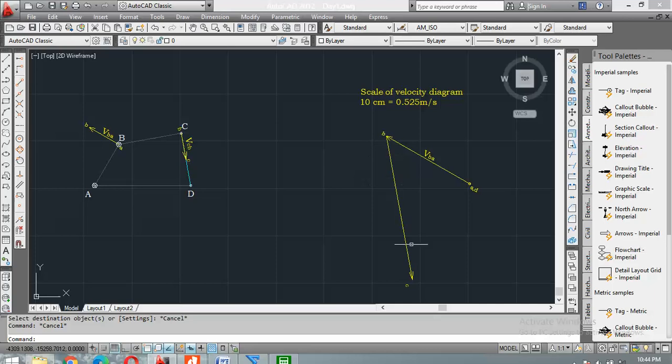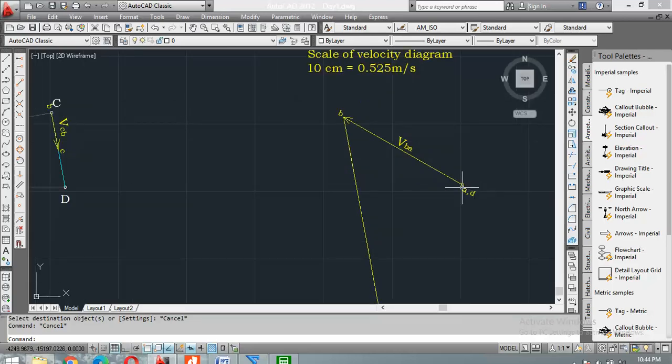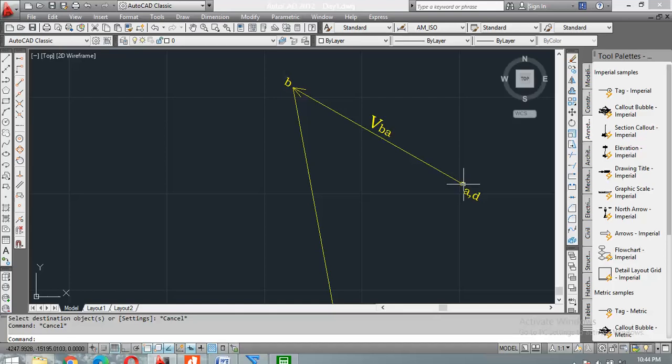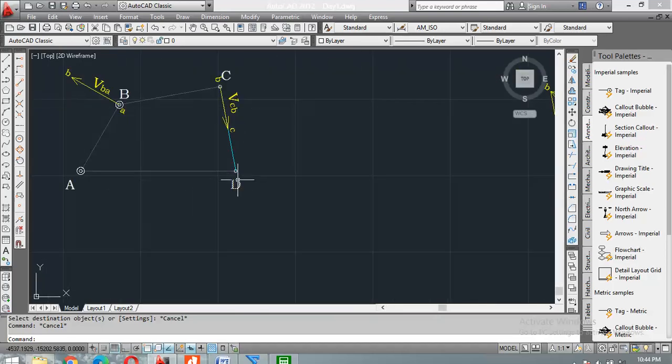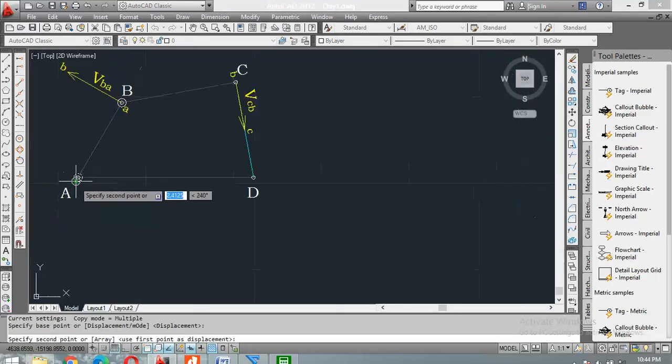It should be anywhere on this line. C point is not here. Okay, but D point position is fixed. D point fixed, compulsory it is here. Okay, so we can say that we can take reference of this point number D to find out velocity of point number C.